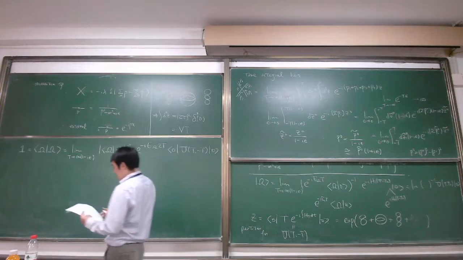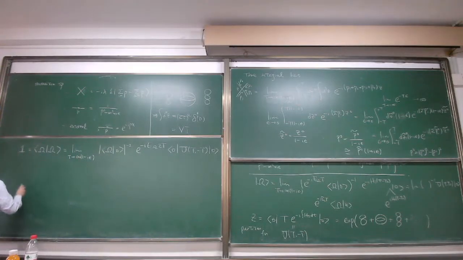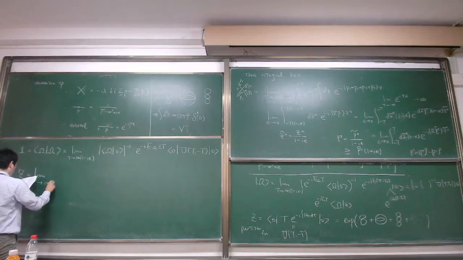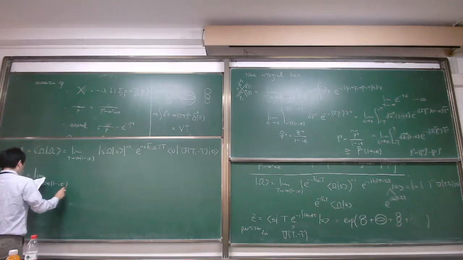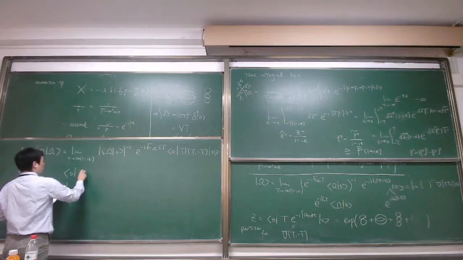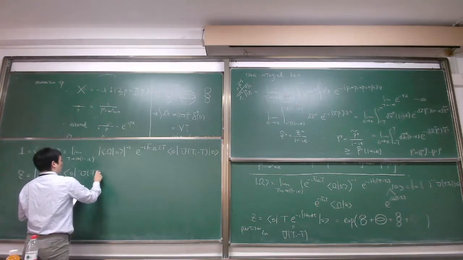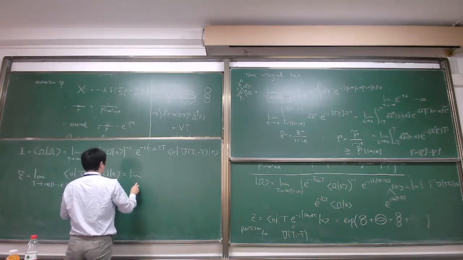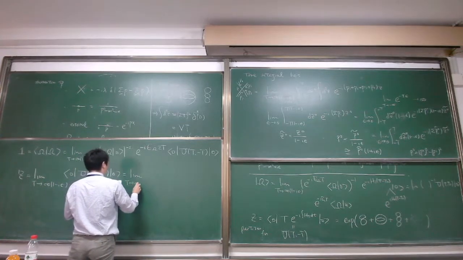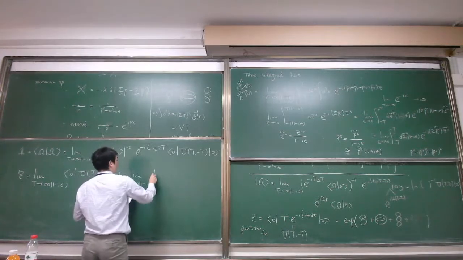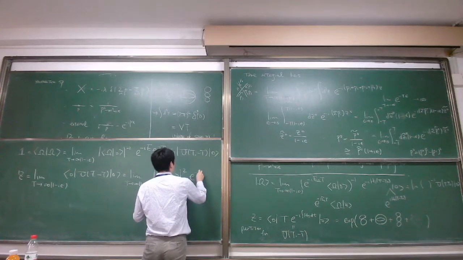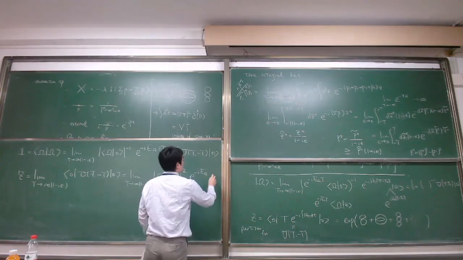So what we have is the partition function is equal to the limit of t goes to infinity of 1 minus epsilon, which is 0 U(t, minus t) 0, and then omega 0 square e to the minus i infinity to t.